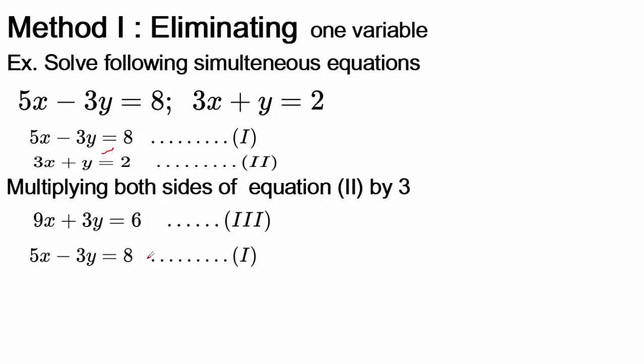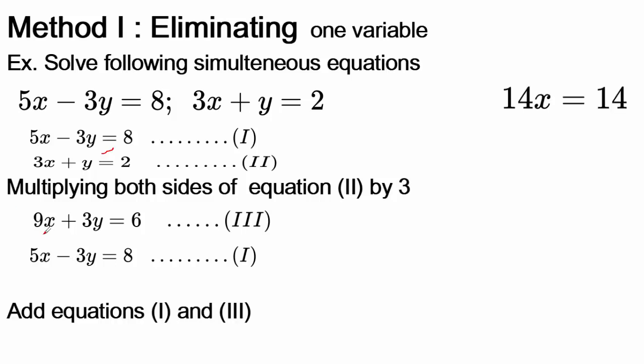See here, the coefficient of y in one equation is plus and in the other equation is minus. If we add these two equations, then 9x plus 5x equals 14x, 3y minus 3y is 0, and 6 plus 8 equals 14. Then we get 14x equals 14.